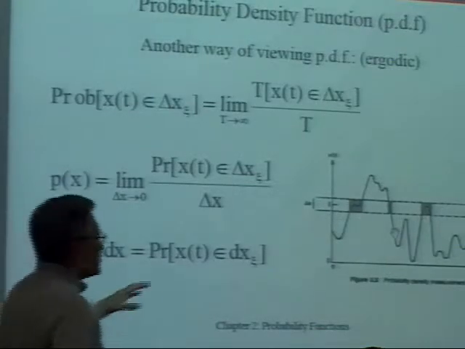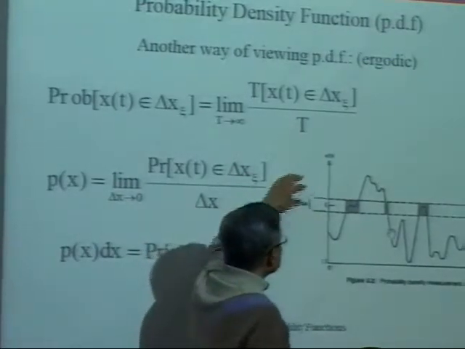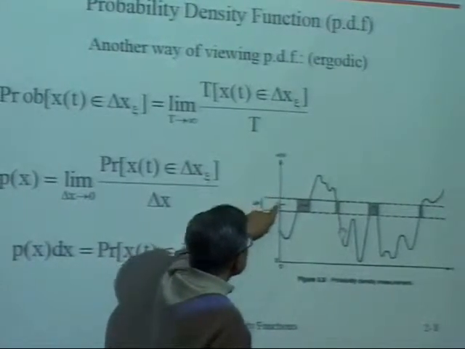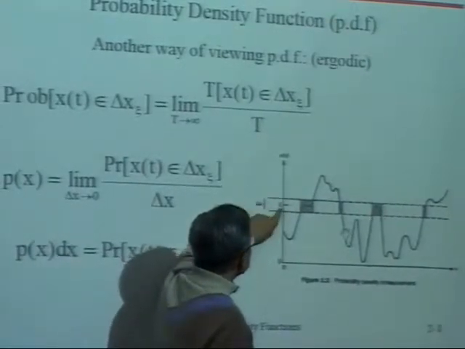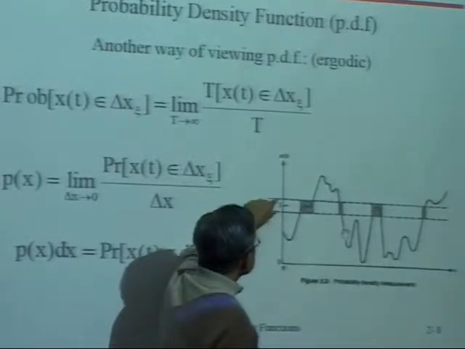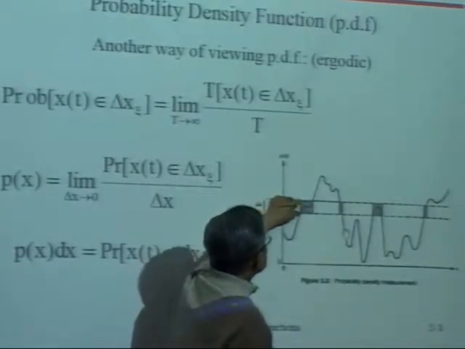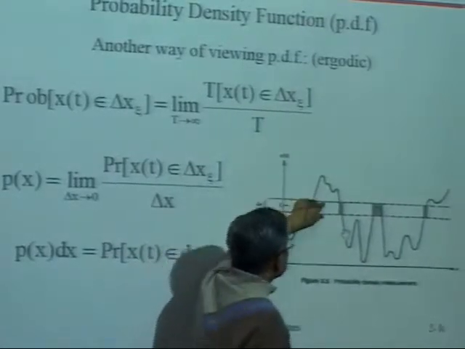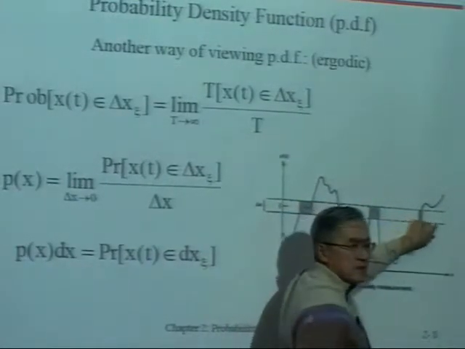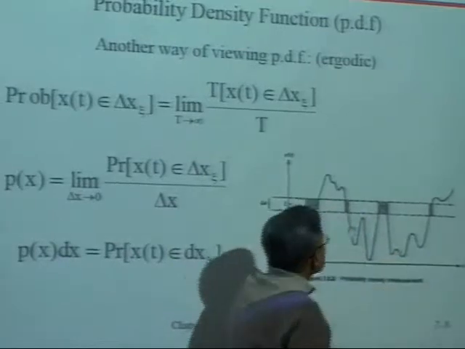So here in this time history, this delta x chi is at the middle. Delta x, with chi as a subscript, is like this interval.